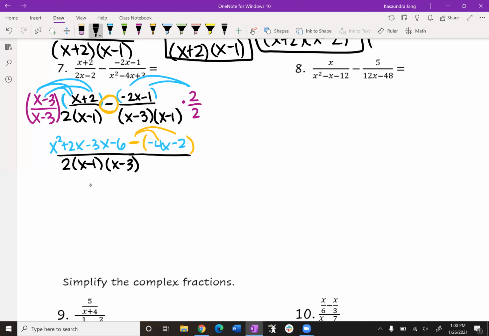But this is going to turn into a plus 4x and a plus 2. We distributed that negative to both. There we go. And that is still all over my common denominator.